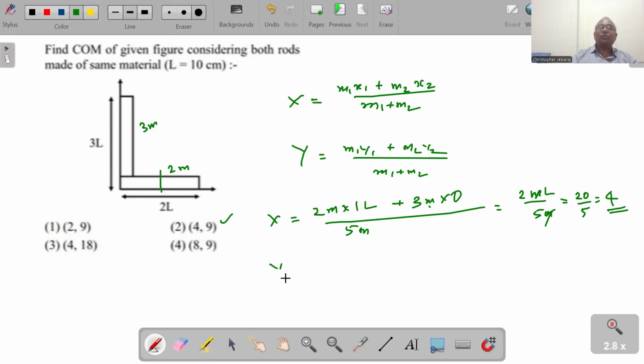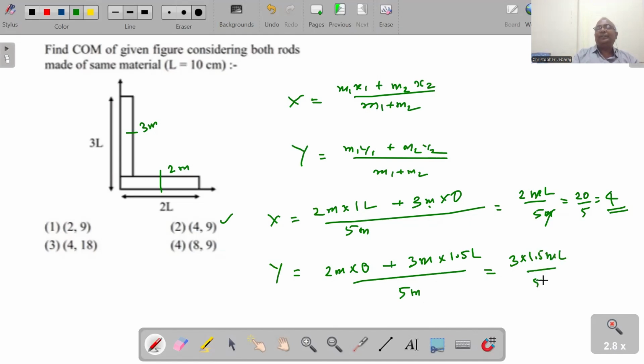The same way, we'll work out the y-axis portion. Let us take this as m1, m1 is 2m. But on the y-axis the distance is 0, plus m2 is 3m with length 3L, and its midpoint is half of 3L, 1.5L, by total mass, the same 5m. So it becomes 3 into 1.5 m into L by 5. 5m, m gets cancelled.